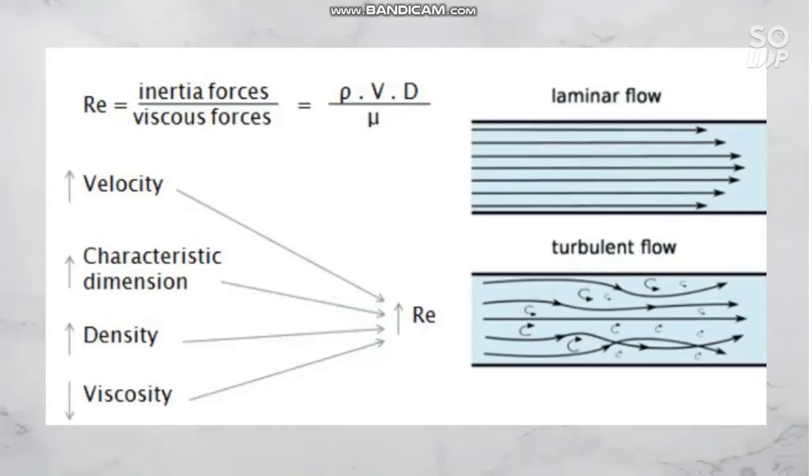But if the velocity, characteristic dimension and density are low, and the viscosity is high, the Reynolds number will become small, and the flow will become laminar flow. This can be seen in the difference between types of liquid, which is water and honey.